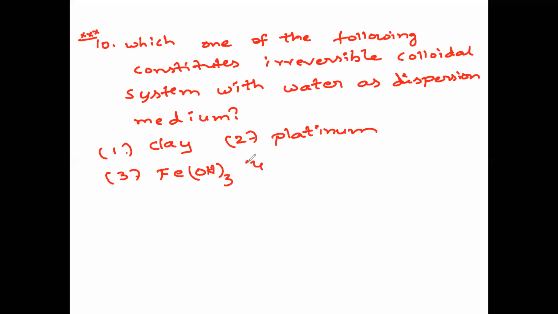And option 4, all of these. So the answer: which one of the following constitutes irreversible colloidal system with water as dispersion medium? Clay is also water as dispersion medium, platinum, ferric hydroxide. So the answer is all of these. All these questions you have to note down in your classwork.